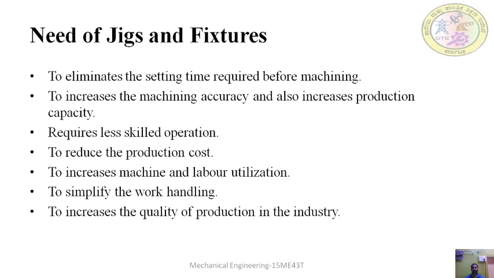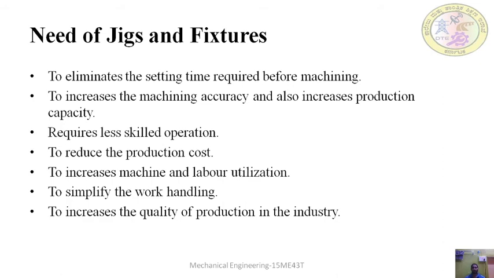They require less skill in operation, as we have discussed earlier. There is no need of marking and everything in the case of jigs and fixtures. So they reduce the production cost. Overall the production cost will be decreased by reducing the scrap and human errors, and increasing machine and labor utilization.